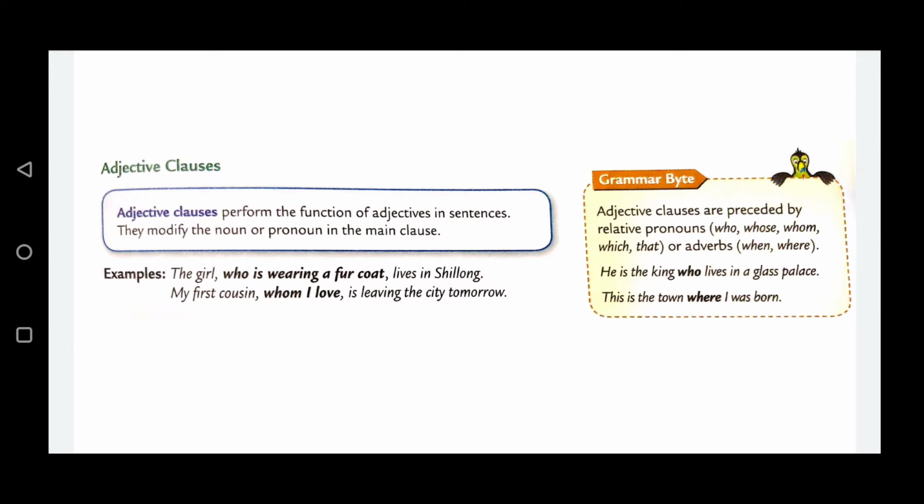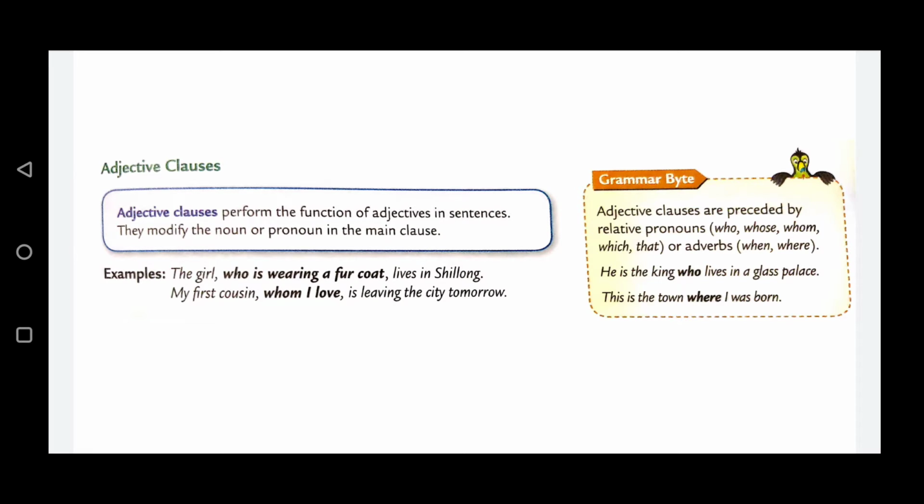That is, we use relative pronouns who, whose, whom, which, that, or adverbs when or where. Sometimes we use adverbs also. But whatever it is, if it starts just immediately after the noun and tells us more about the noun, then that is your adjective clause.